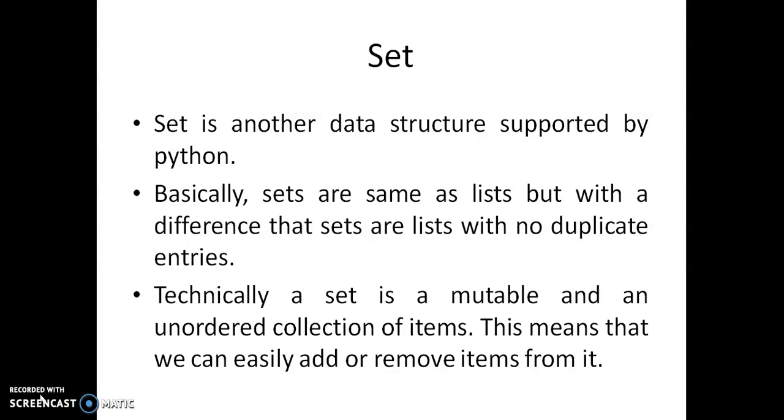The main difference between sets and lists is that sets don't support repetition of values. So if you want to create a list of elements without any duplicates, you can use sets. Or you can convert a list to a set, then it removes all the duplicate values from the list. Sets are mutable. We can do any modifications with the sets.